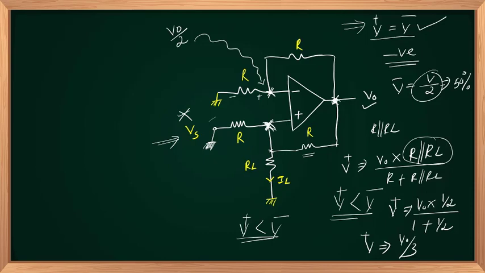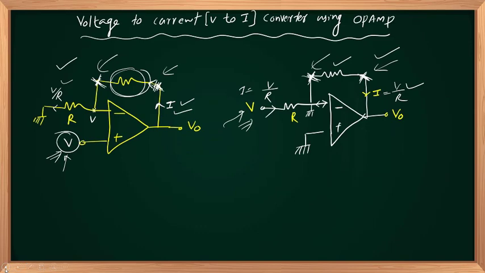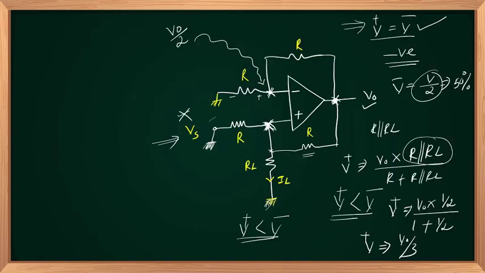So we'll make use of this expression while evaluating the output voltage and the current flowing through the load RL connected in between positive input and ground. So compared to the earlier circuit, the load RL is appearing between a particular node and a reference node or a ground node, right?